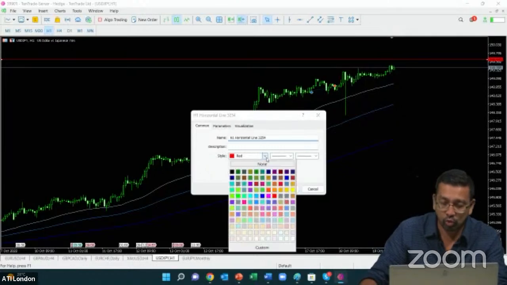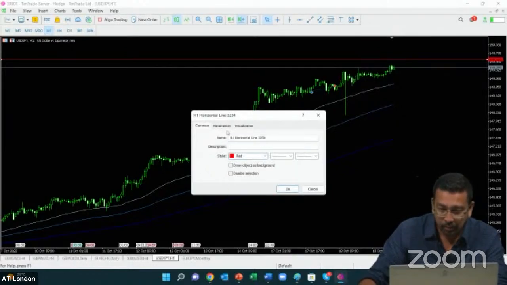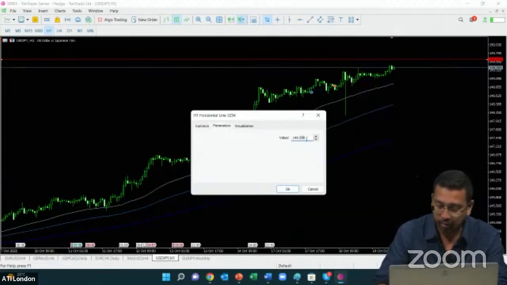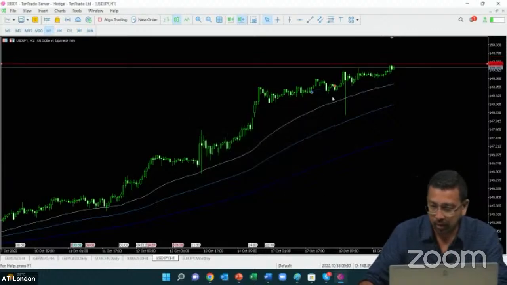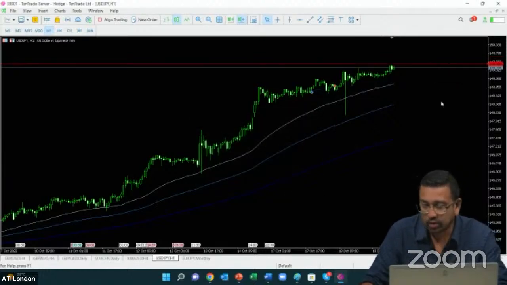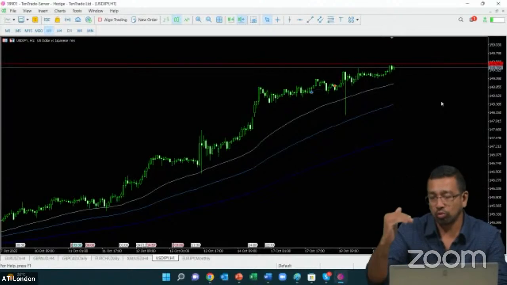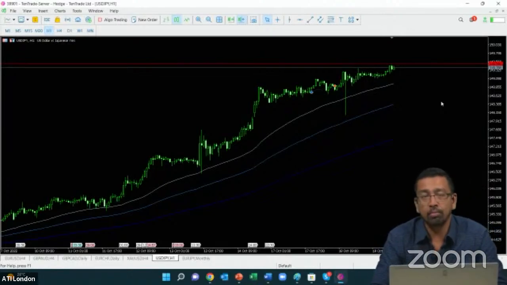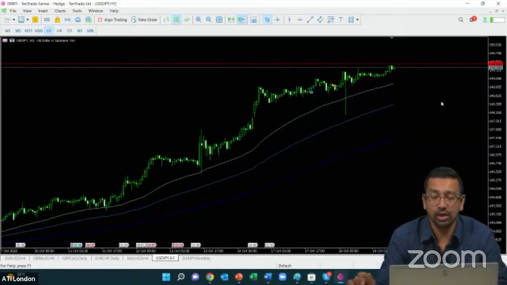So I'll draw it as a resistance line as well, 149.50 right there. Okay, now as price falls, it would then be bumping into the 149.20 psychological level.